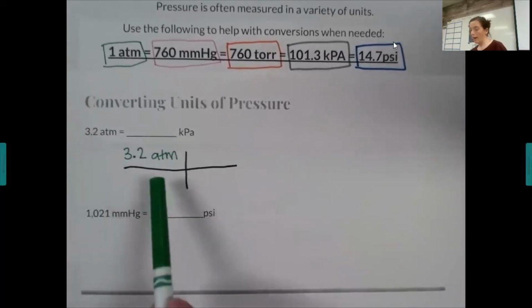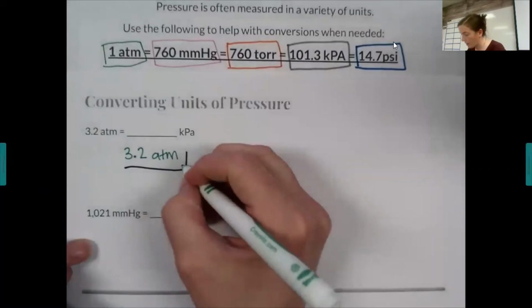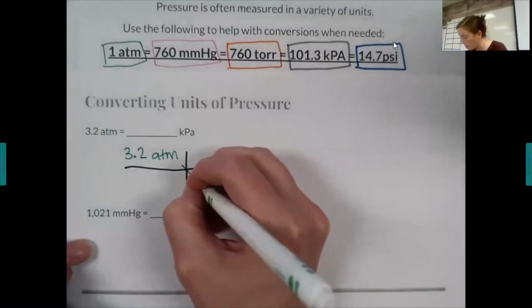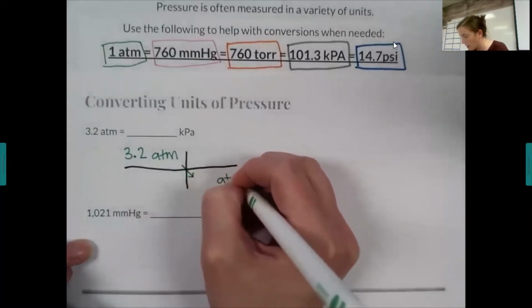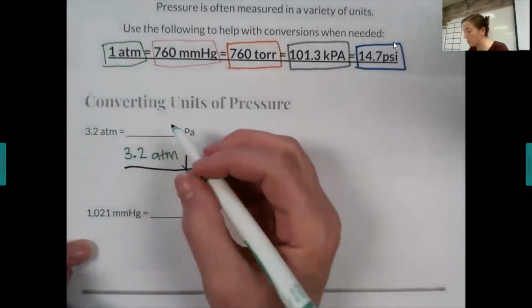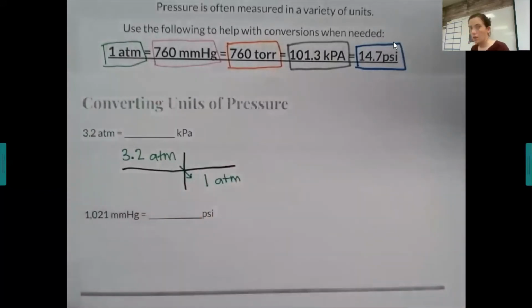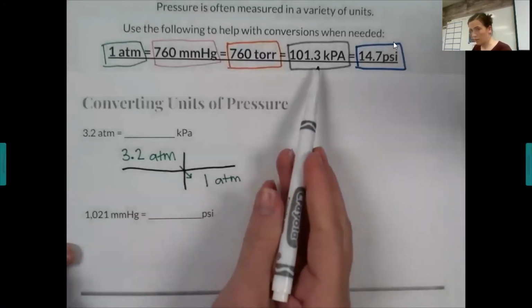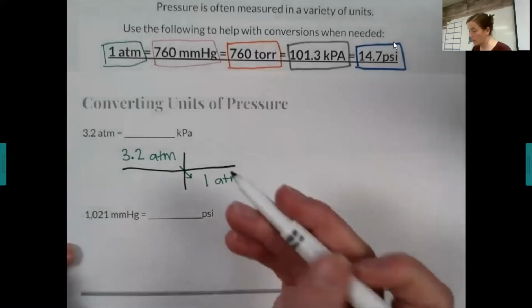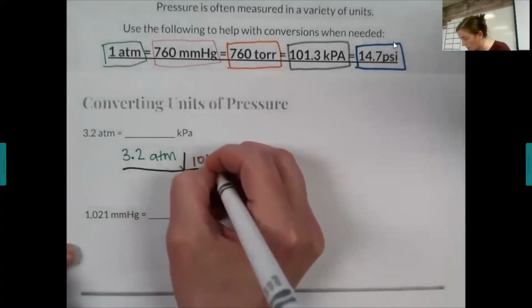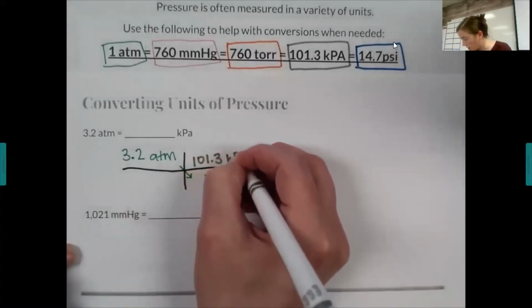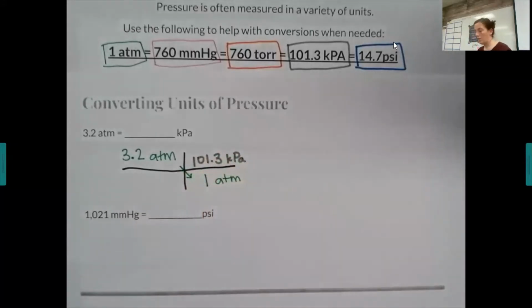If we have atmospheres here, then we have to have atmospheres right here. What number goes with atmospheres? 1. What unit is it asking us to convert it to? Kilopascals. And what number goes with kilopascals? 101.3. So this is what the dimensional analysis looks like.